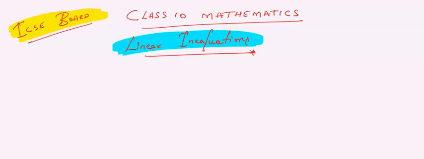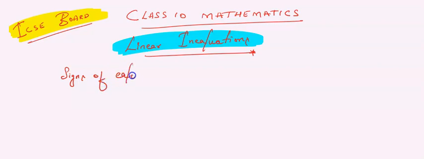Before we start the important questions, let me first give an overview of this entire chapter so that it will be very helpful for you to solve the problems related to it. As we know, the signs of inequality, can you name them?